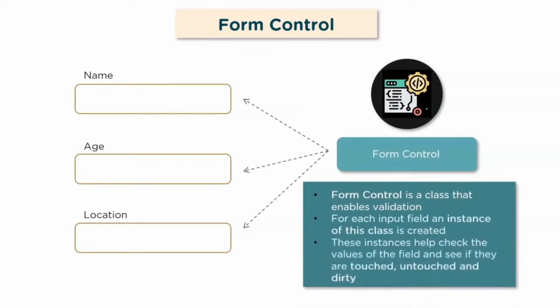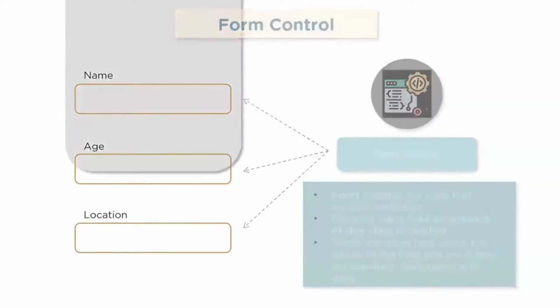Now these instances help check the values of the field and see if they're either touched, untouched, dirty, pristine, valid, invalid, and so on. So this allows you to check every field for the value.